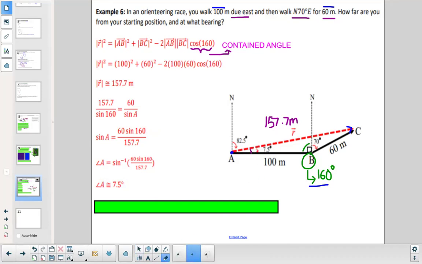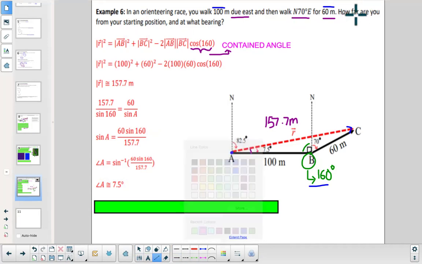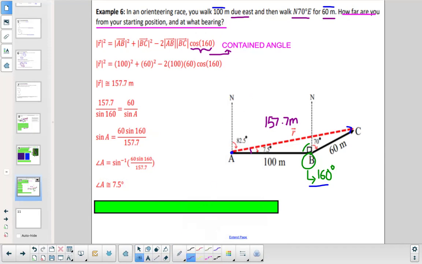But remember the question: how far are you from your starting point? We already know that is 157.7 meters, but at what bearing? Bearing is always calculated from the north to this resultant angle.